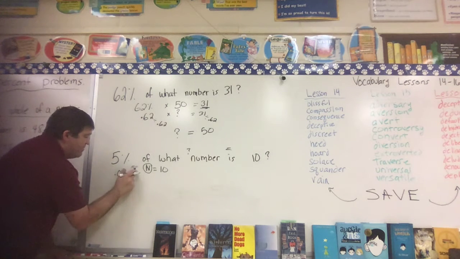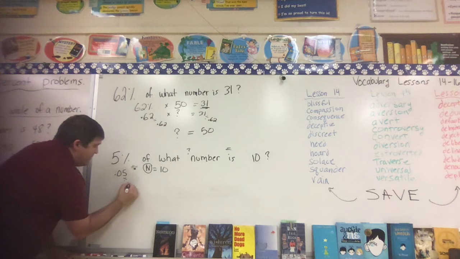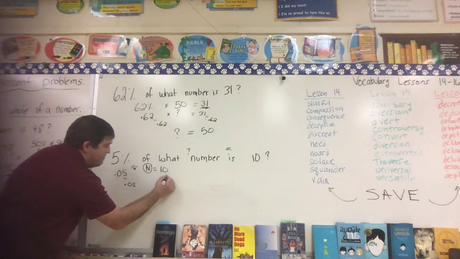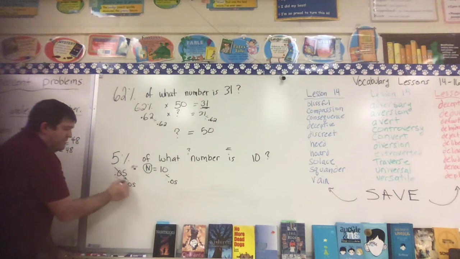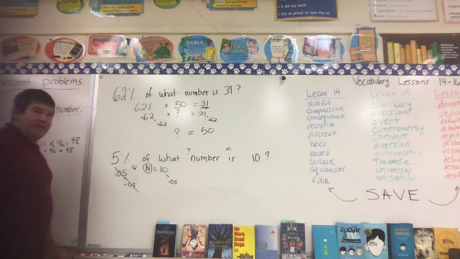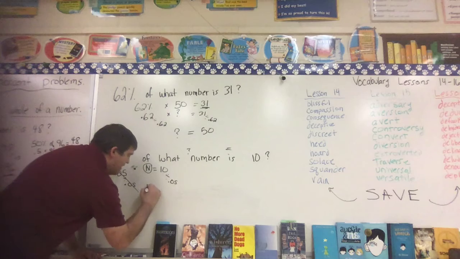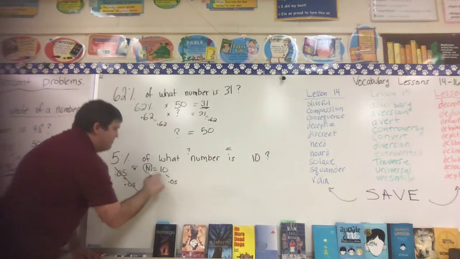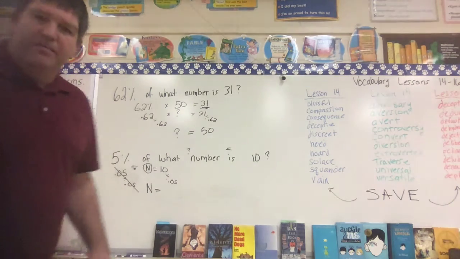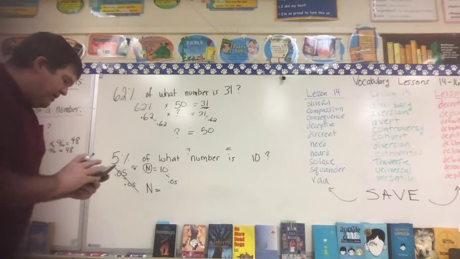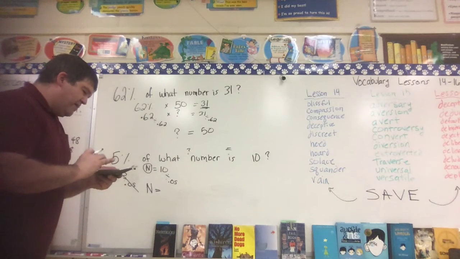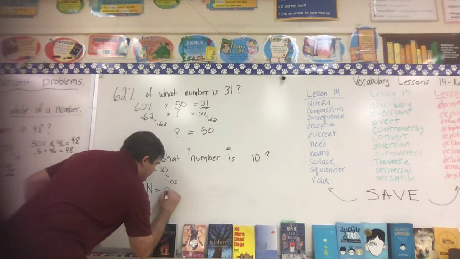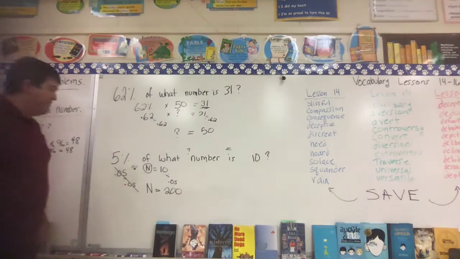So instead of times 0.05, I'm going to divide it by 0.05 and divide this by 0.05. These two things become 1 and eliminate. Then I bring down my n equals 10 divided by 0.05. Let's see what we get. 10 divided by 0.05 equals 200. Whew. It's a big number.